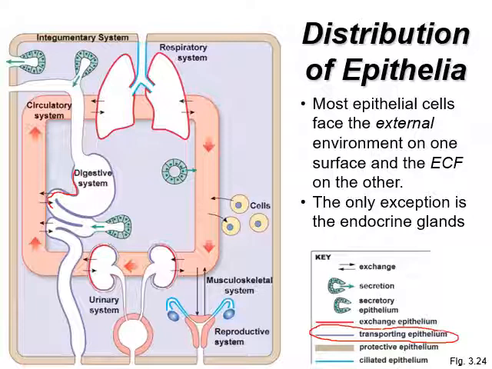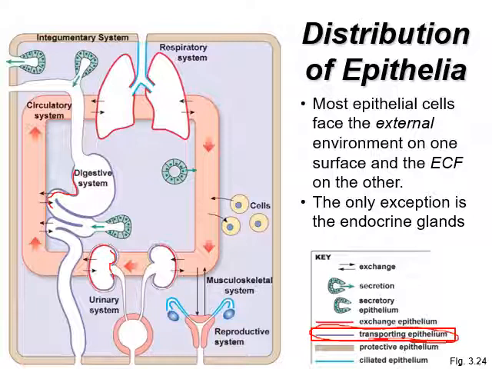So transporting stuff in and out of the cells requires membrane transport. We'll see a lot of these transporting epithelia throughout the semester, looking at the ways in which they move stuff in and out. Another one is the urinary system.